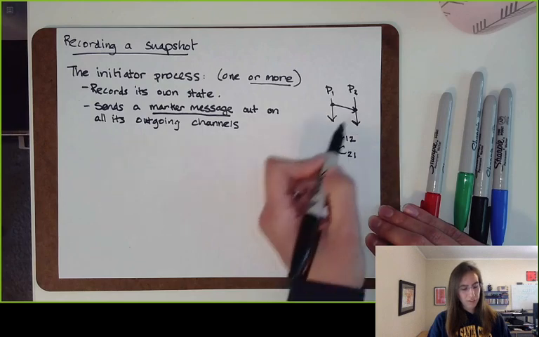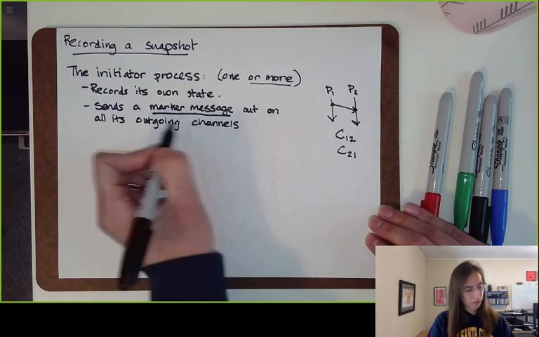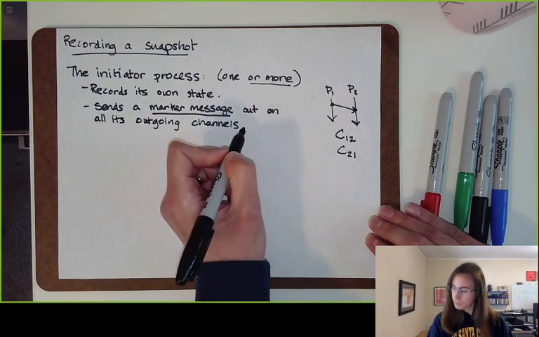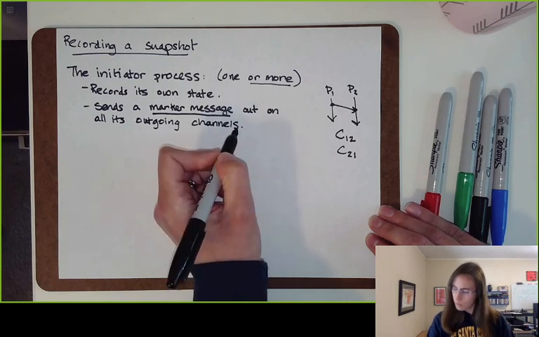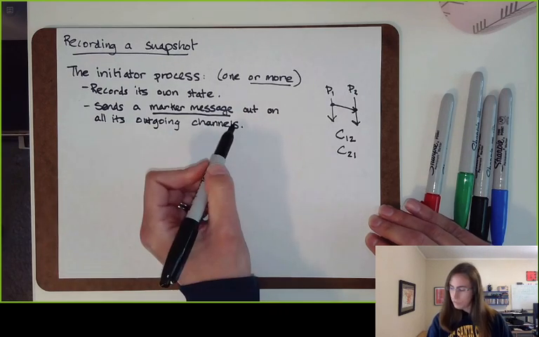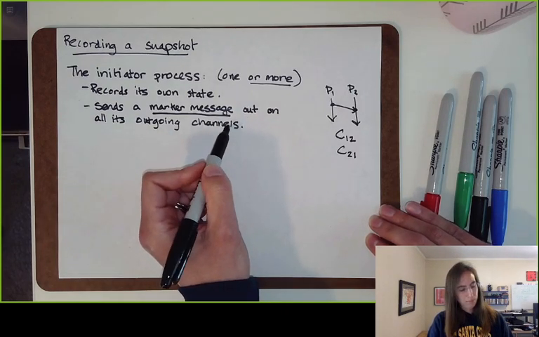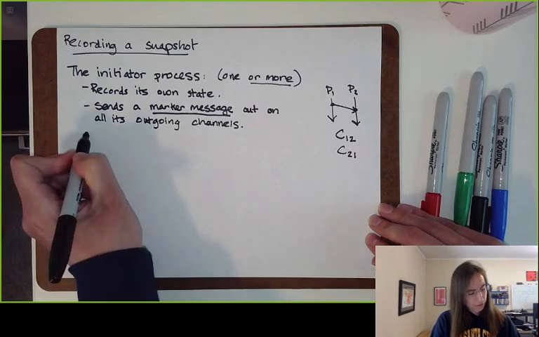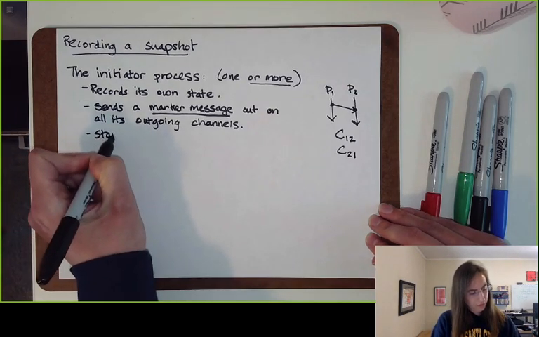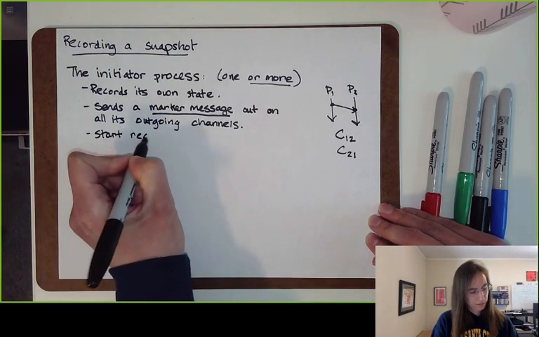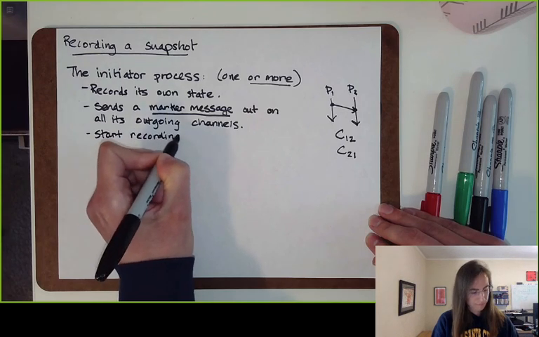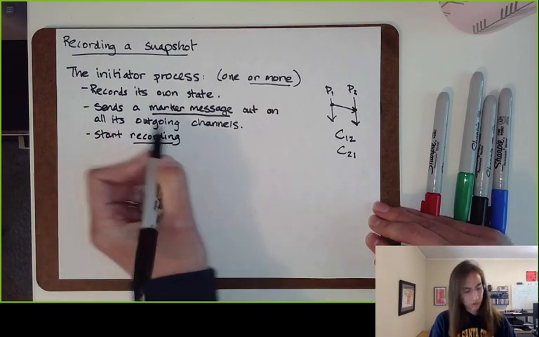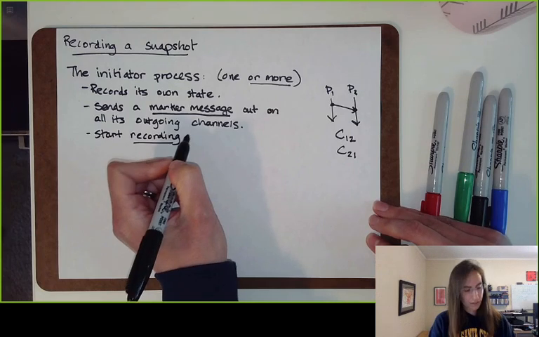So it can't send on its incoming channels. It can only send on its outgoing channels. So that's what happens. It has to do that before it does any other sends or receives, and then it's going to start recording the messages it receives on all of its incoming channels.